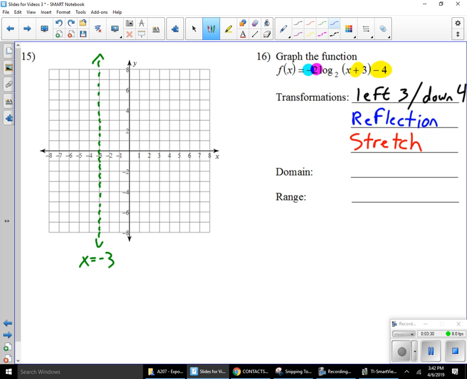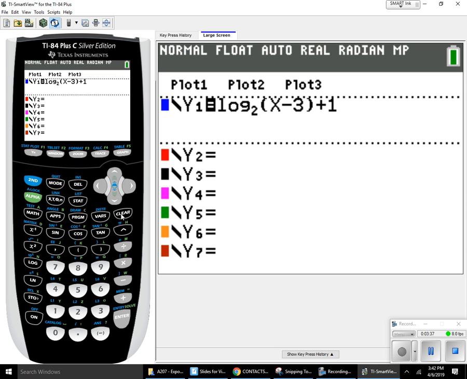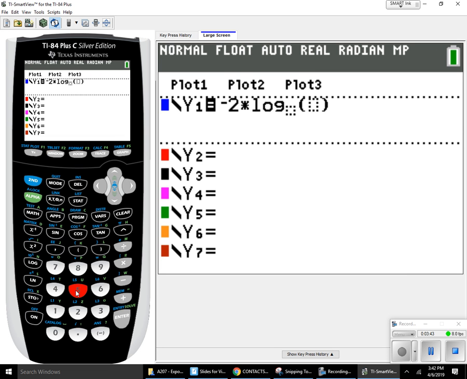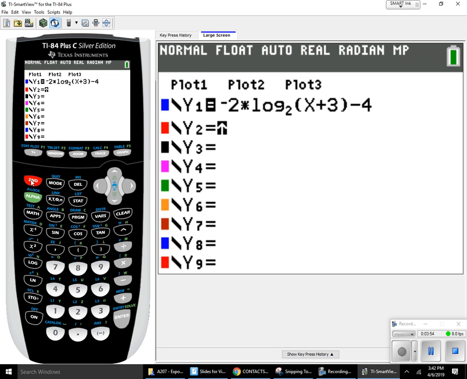So this graph has a lot going on. Again, the calculator does have a good table feature to help us find some nice whole number points. So let's use it. Negative 2 times a log base 2. And then inside of that log, I want x plus 3. On the outside of the log, I want a minus 4. Let's see what our table gives us.